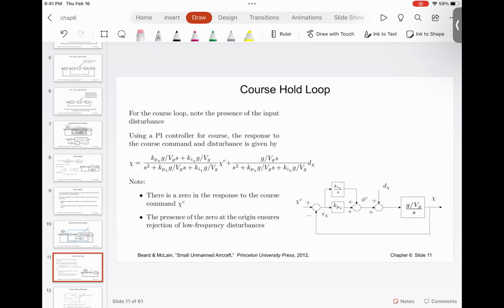But the transfer function in the numerator does not have any mass. The denominator has a mass component, a spring component, and a damping component.